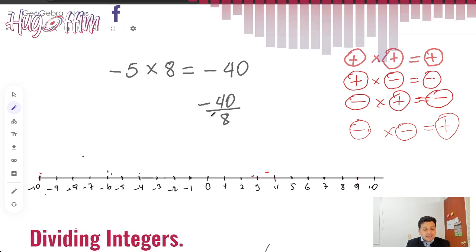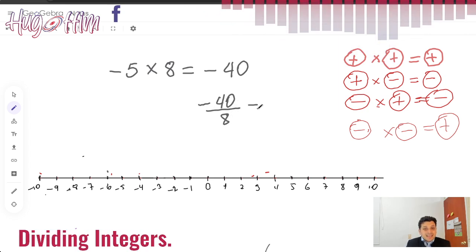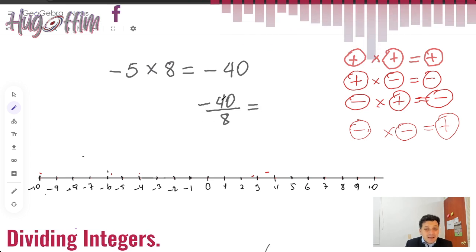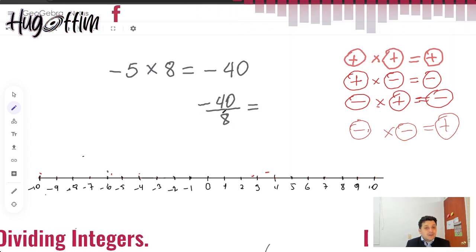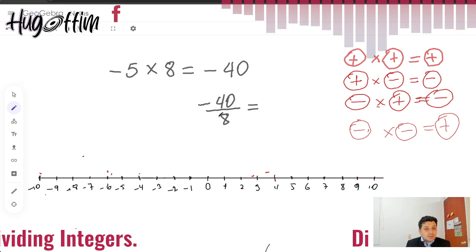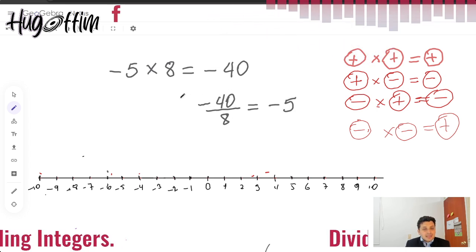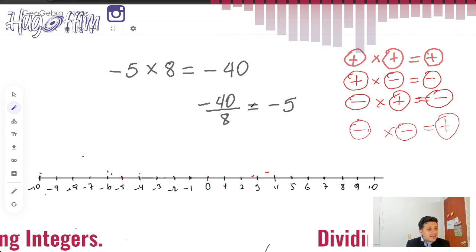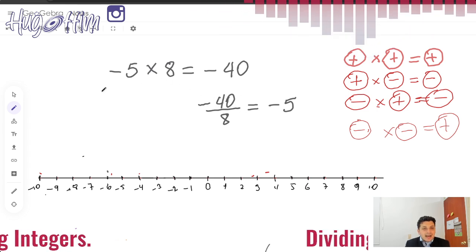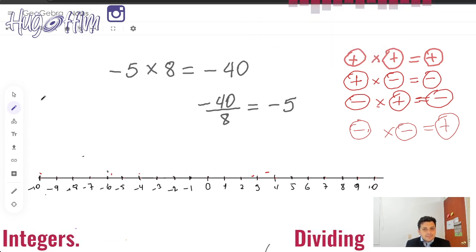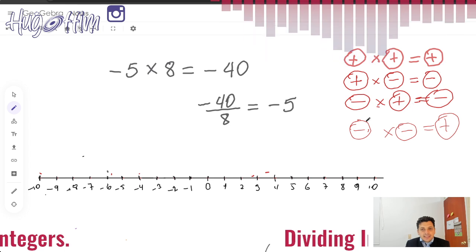So I'm going to have a negative number divided by a positive number. But as division is the inverse operation, I need to find out the number that I multiply by positive 8 to get negative 40. That in this case is negative 5.